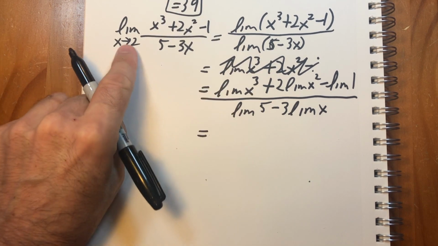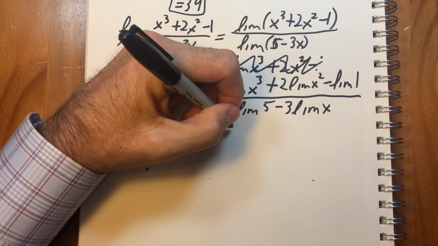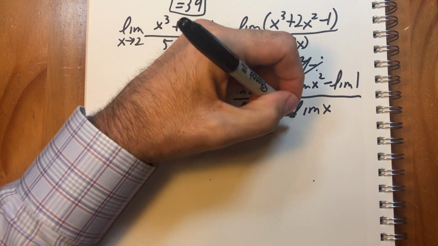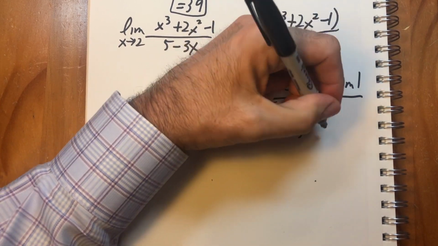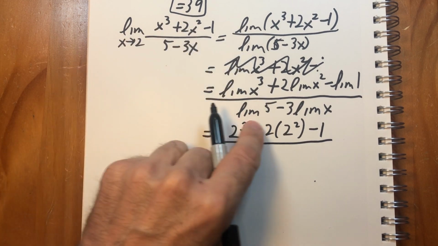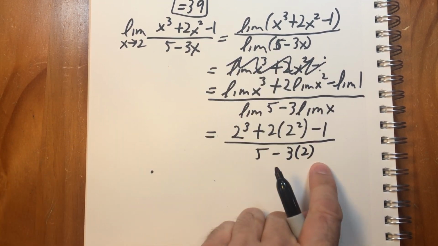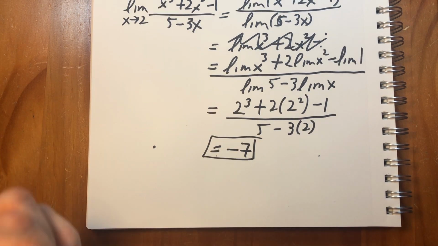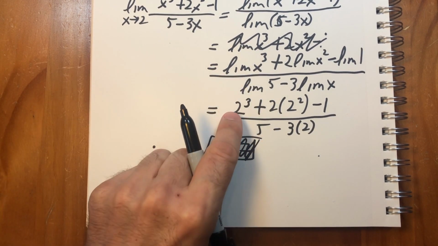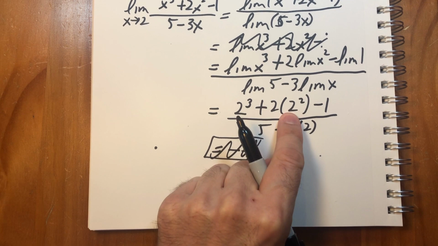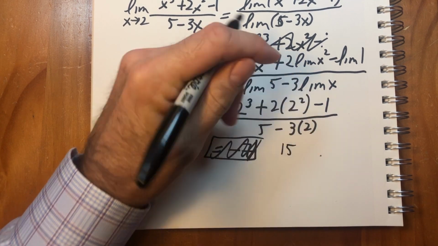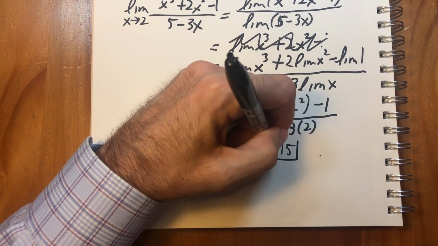So we have, as x approaches 2, this is 2 cubed plus 2 times 2 squared minus 1 over 5 minus 3 times 2. So now we can see this is going to be minus 1. Well, I almost got done without making a mistake, but here this is 8 plus 8 is 16, minus 1 is 15, and this is minus 1, so it's minus 15.